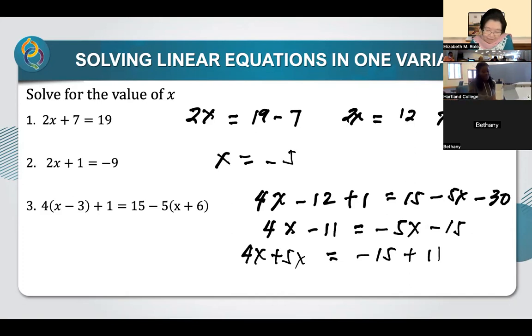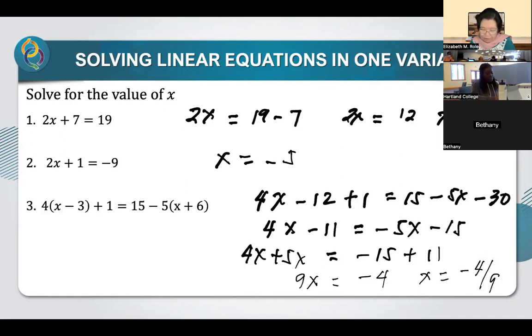So your answer here will be 9x is equal to minus 4. Final answer, minus 4 over 9, because we divide both sides by 9. So x is minus 4 over 9.